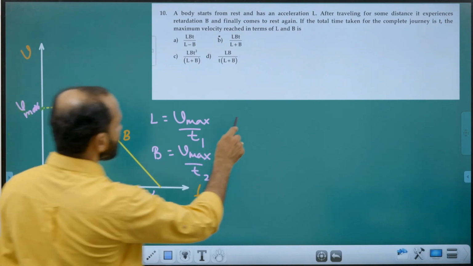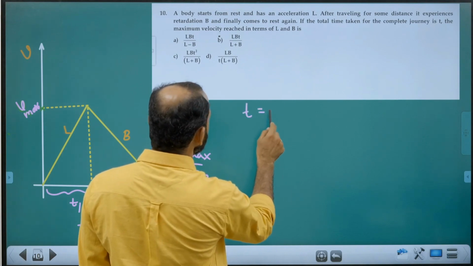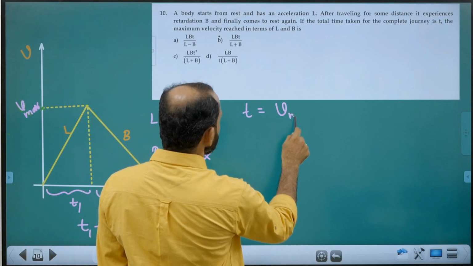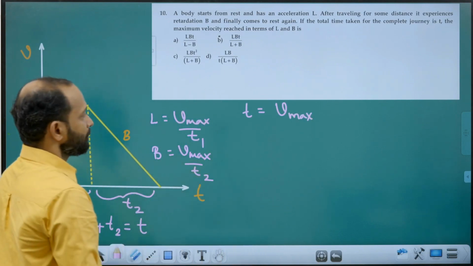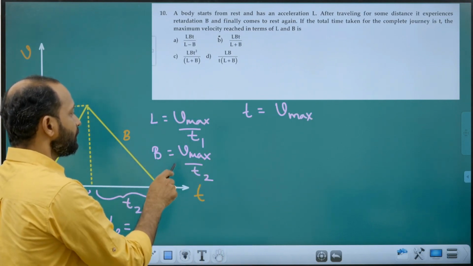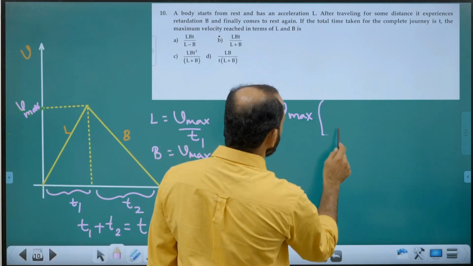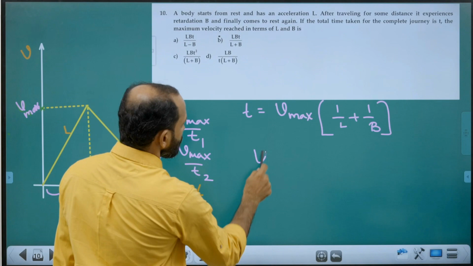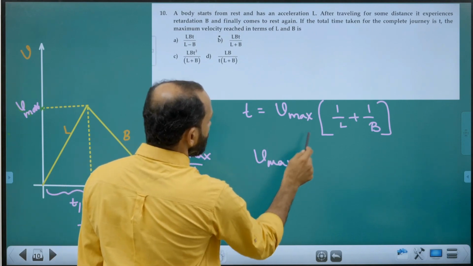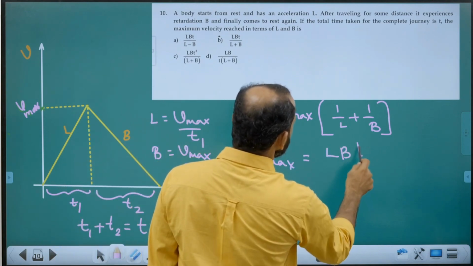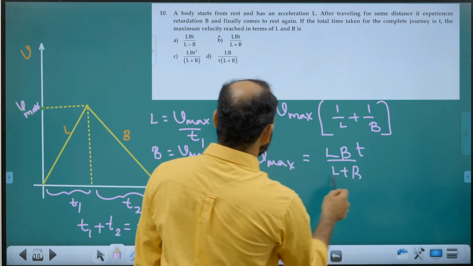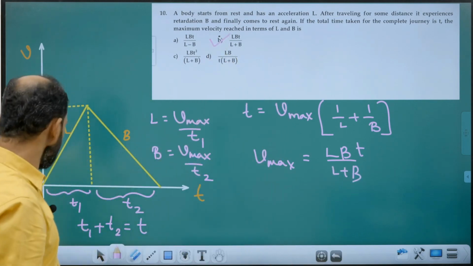Now the total time of the journey is T1 plus T2. T1 is Vmax by L and T2 is Vmax by B. So T equals Vmax times (1 by L plus 1 by B). Rearranging, Vmax is equal to LBT divided by L plus B. So the right option is option B.